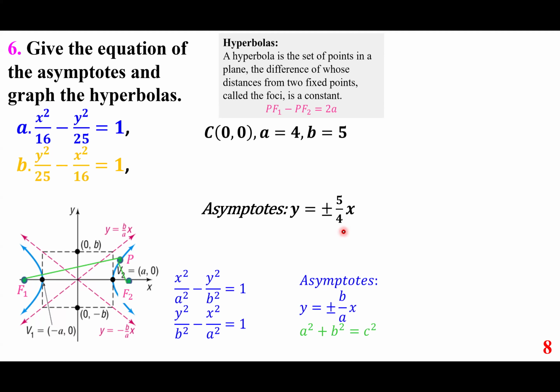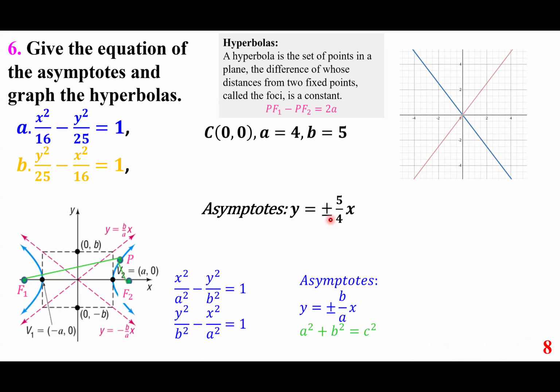The only difference between the two would be the location of the vertices. So we have the same center, the same A, the same B, the same asymptotes. So these are the two asymptotes.